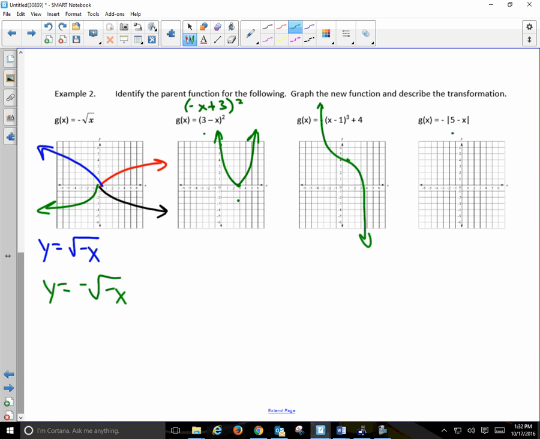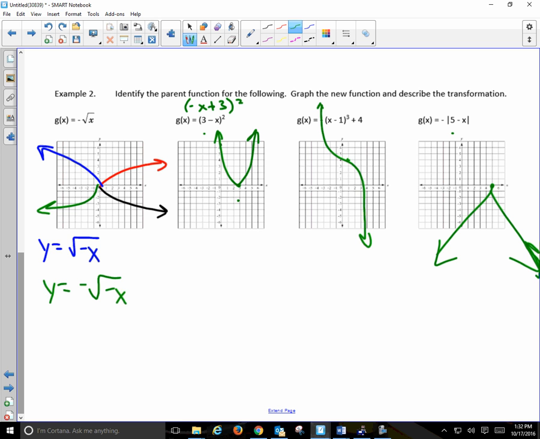What do you plug in to get 0? 5. So it moves to the right 5. And then there's a negative on the outside, so that will make it go down. So that's how I handle the horizontal reflection piece if you were to see it.